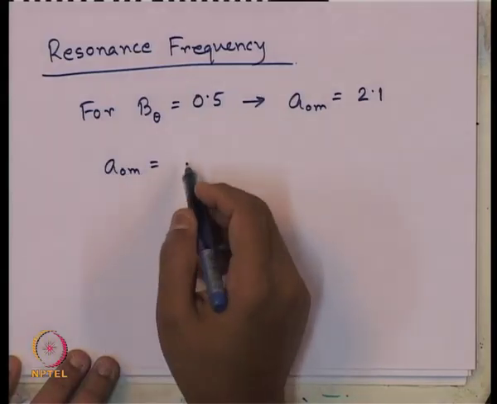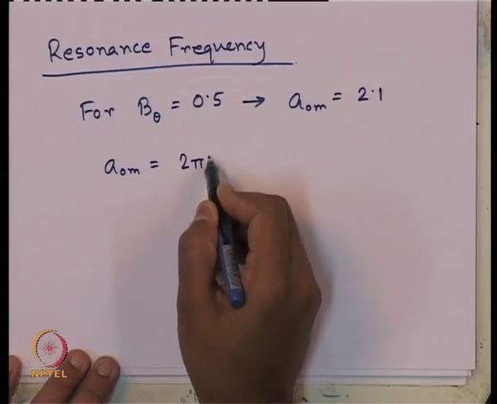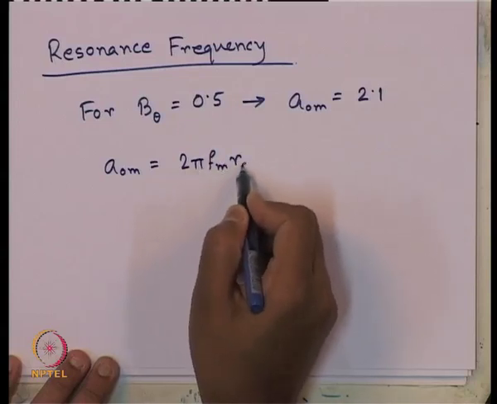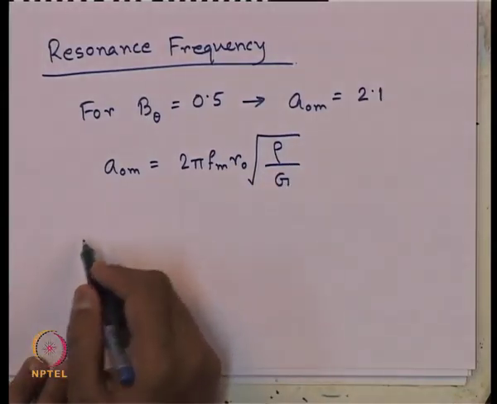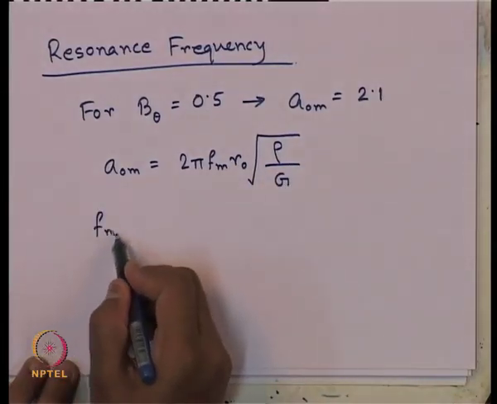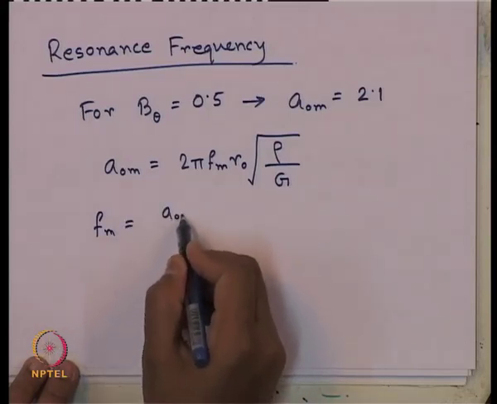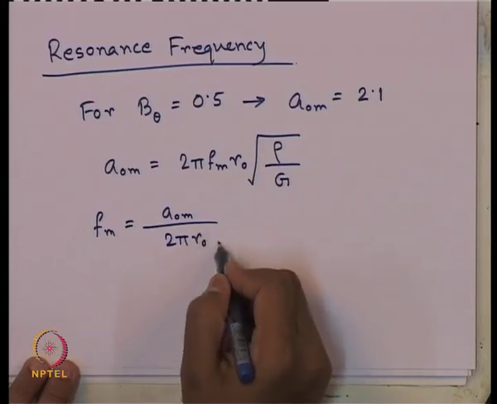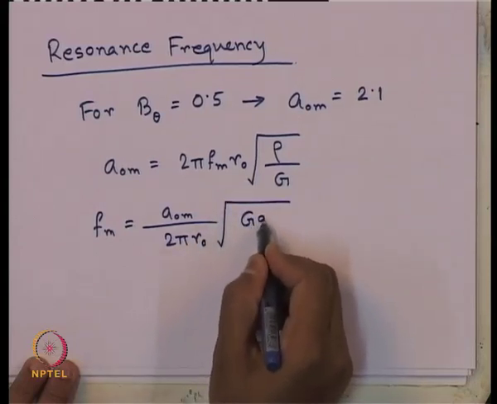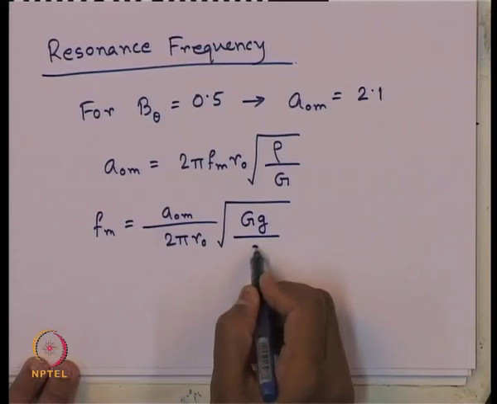Now, A naught m is 2 pi f m r naught root over rho by g, that is the expression. So, f m will be A naught m by 2 pi r naught root over g by gamma.